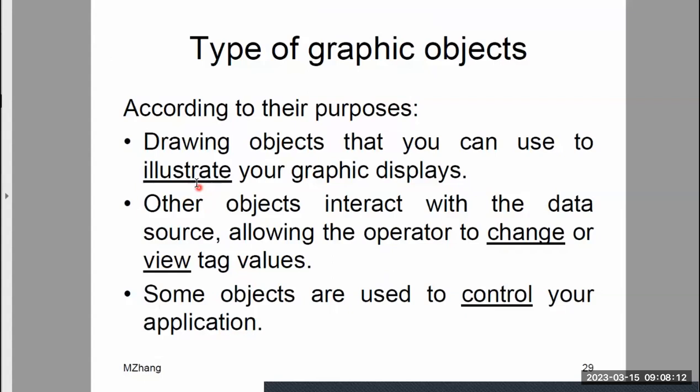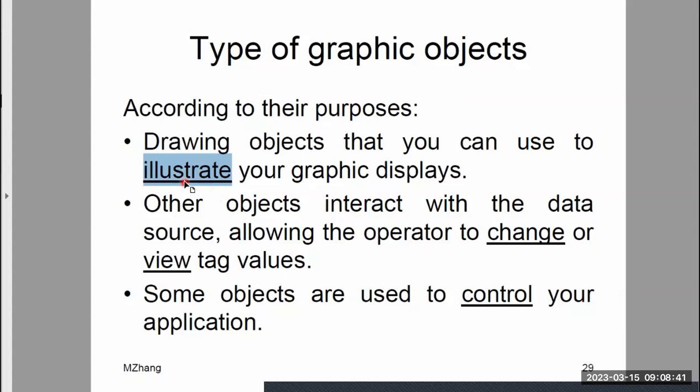That's why the wording over here I got directly from the Rockwell menu. They separate those objects into 4 different groups or categories. One type of object is to illustrate.